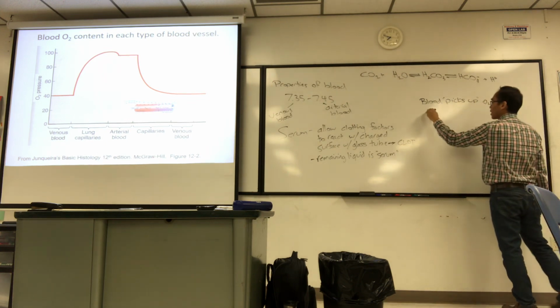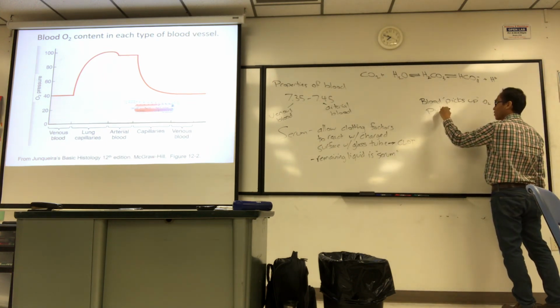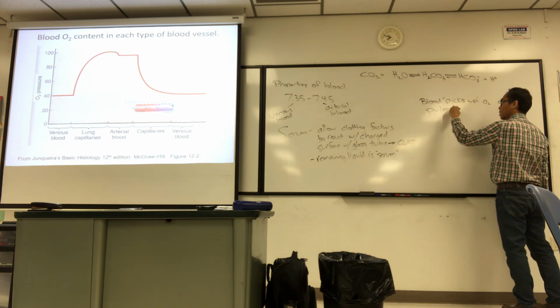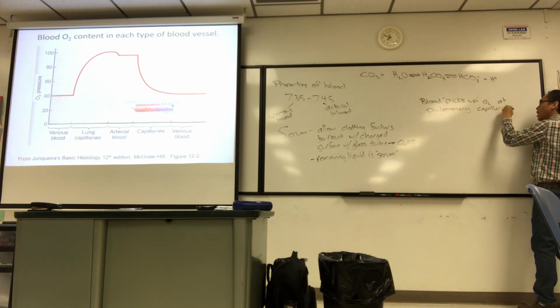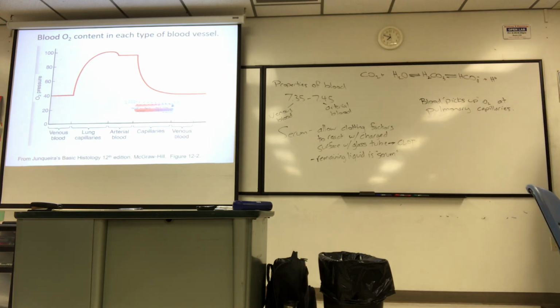At the pulmonary capillaries, or lung capillaries, same difference. How does it do it? It's simple diffusion. You keep breathing the fresh air, which is oxygen rich. There's a gradient for the blood to pick it up.